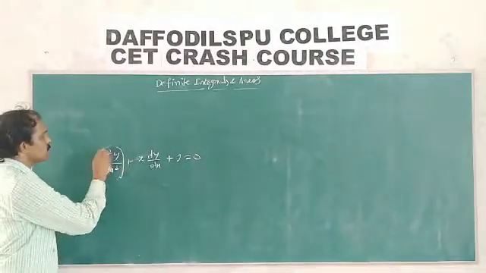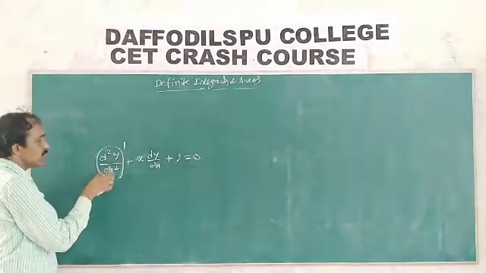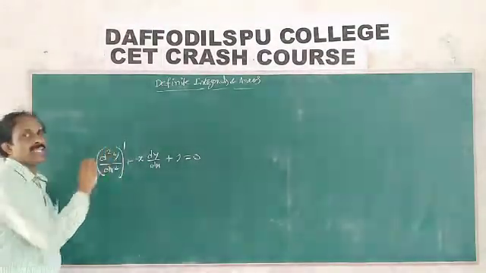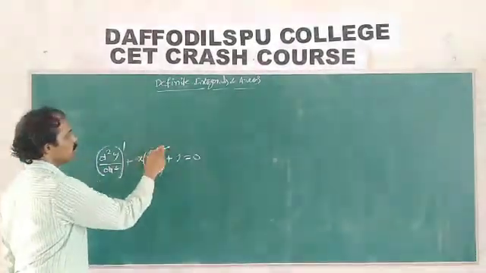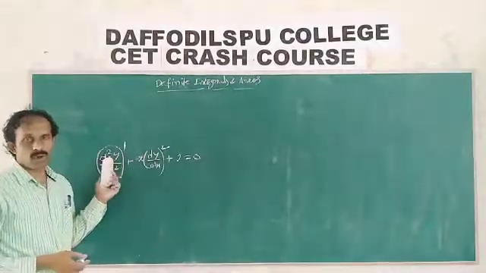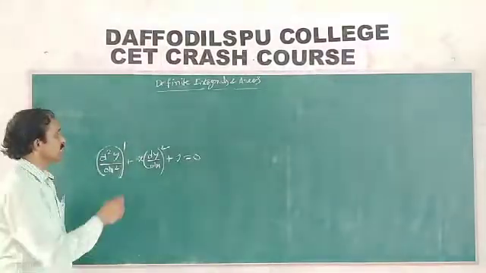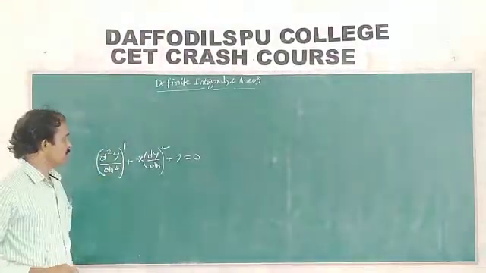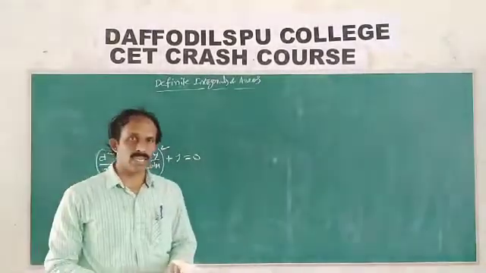The power of the highest order derivative is called the degree. Here order is 2, degree is equal to 1. Clear? Even if another term is squared, don't take that as the degree; the power of the highest order is the degree of the equation.